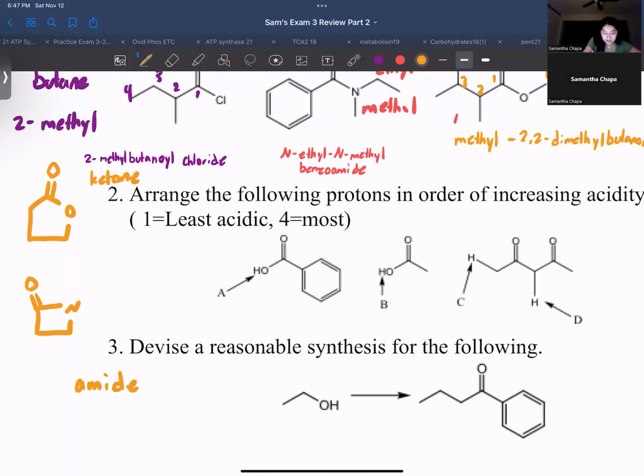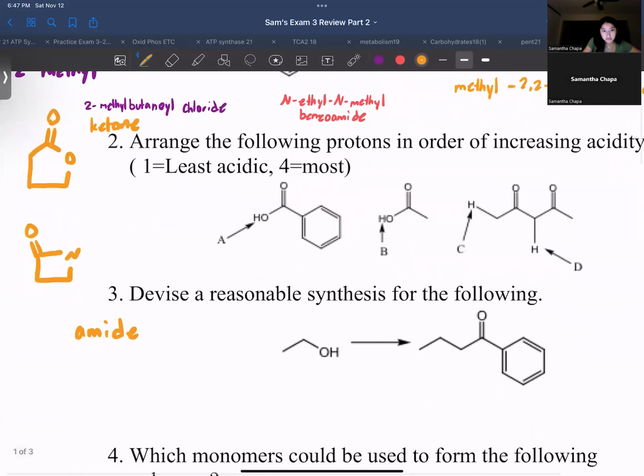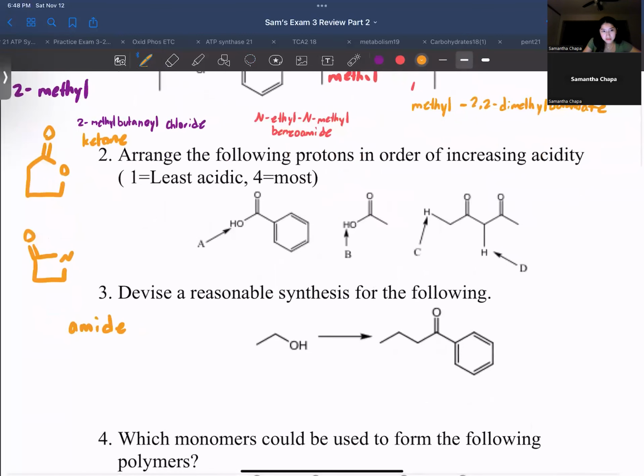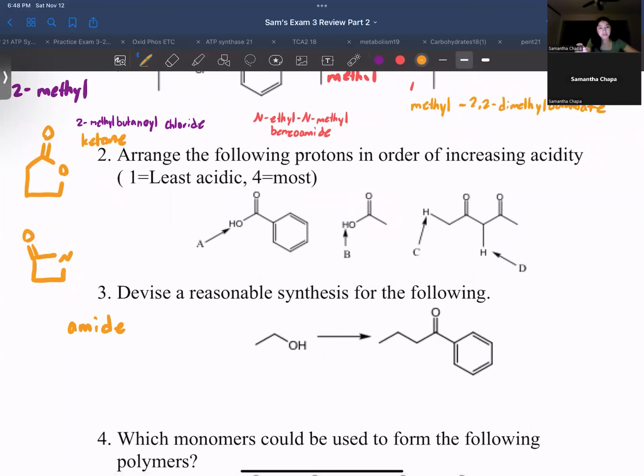The reason that I put the amide is so that you can tell the difference between lactams and lactones. You're going to clearly see that the one part is going to give you the ketone, and we're not going to be talking about this amide structure.